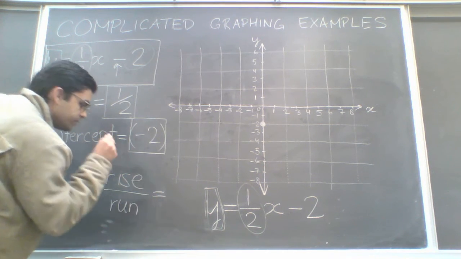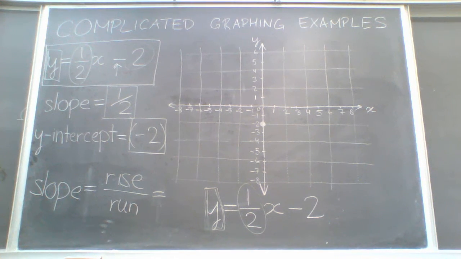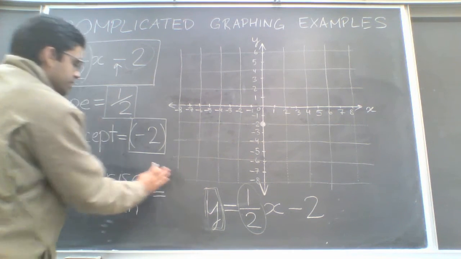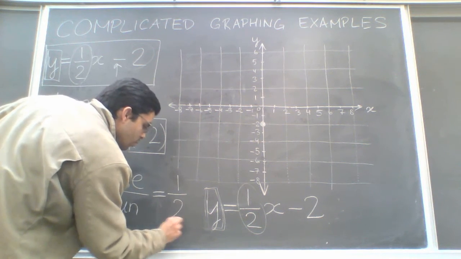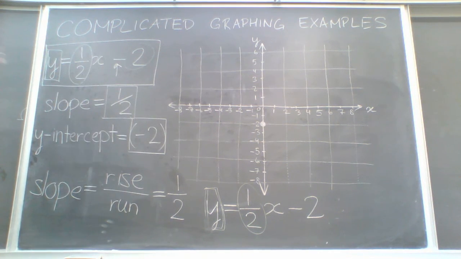over the run. Now in this particular question, we don't have a slope that is a whole number. Instead, we've got a slope that is a fraction. So slope, which is equal to rise over run, in this case is also equal to 1/2, because that's the value of the slope that we found from our function.